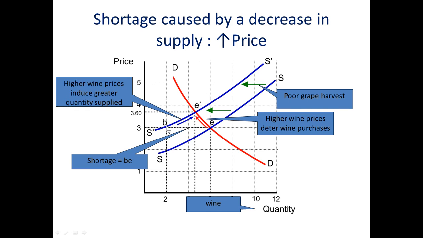So we have a movement from B to E prime, and the shortage gets eliminated progressively, and the market sets at a higher price for wine. And again, there is this implication for resource allocation, which has been caused by the change in market conditions.